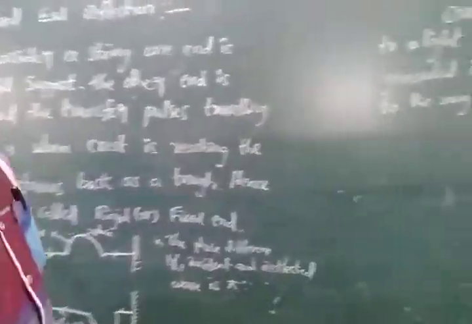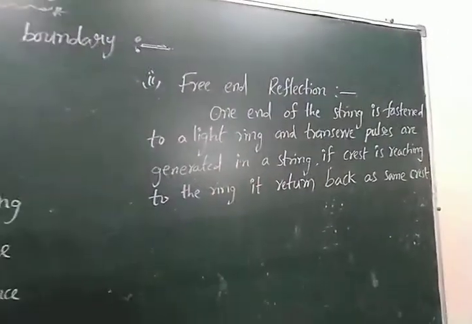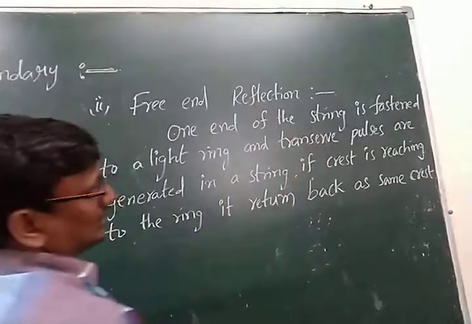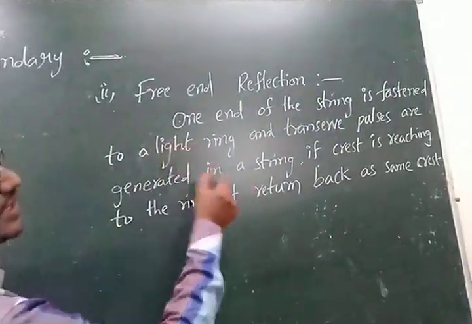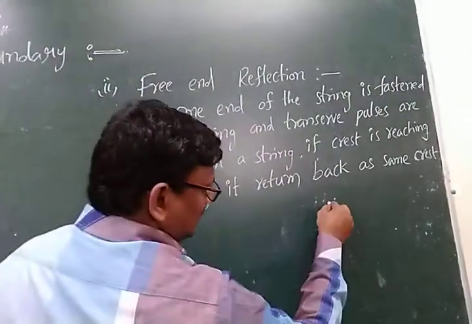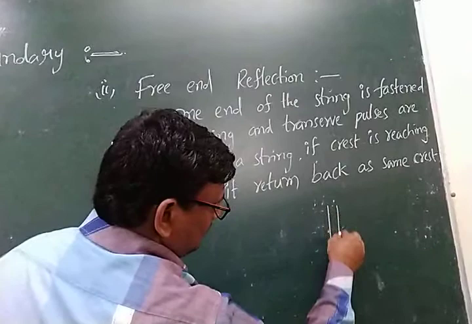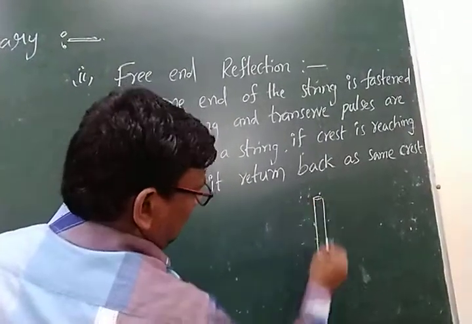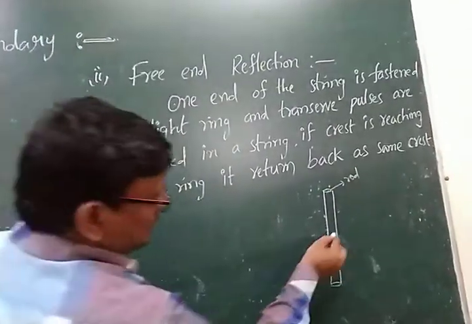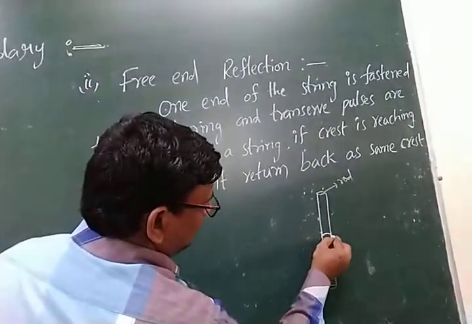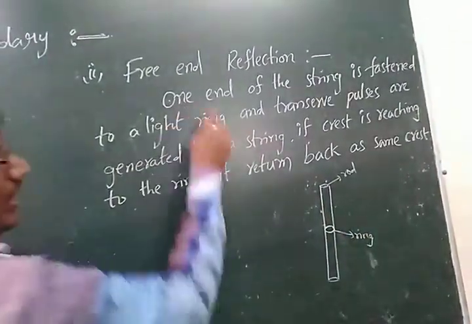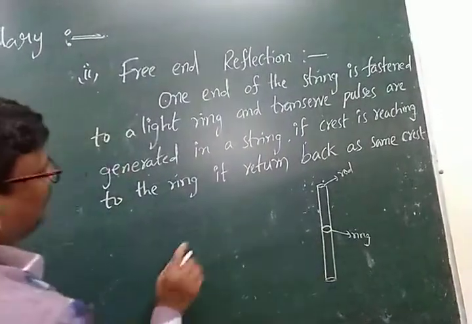Next we are discussing the free end reflection. See here, one end of the string is fastened to a light ring. This is considered a rod, and here there is a ring on the rod. One end of the string is fastened to a ring. Transverse pulses are generated in the string when it is plucked, and the crest reaches the ring.